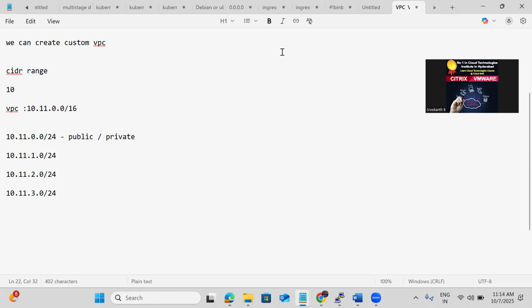Private subnet resources are accessible only within the VPC.